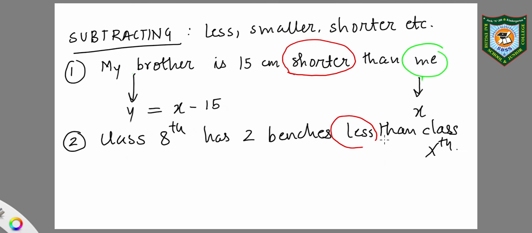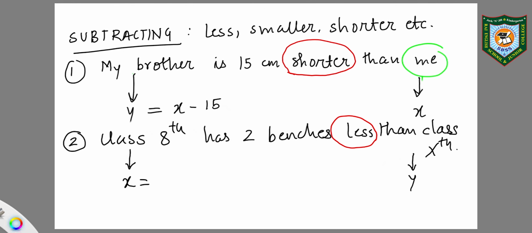So again, the important term here is less. That means I need to subtract. Now again, I'm going to define what is my x, what is my y. All of you need to pay very close attention to what I'm about to say. Let's say class 8th has x benches and class 10th has y benches. Now clearly from the statement I can decide that x is less than y because the statement says so. That means if I'm going to write a subtracting equation, I have to write x is equal to, and we need to pay attention here.